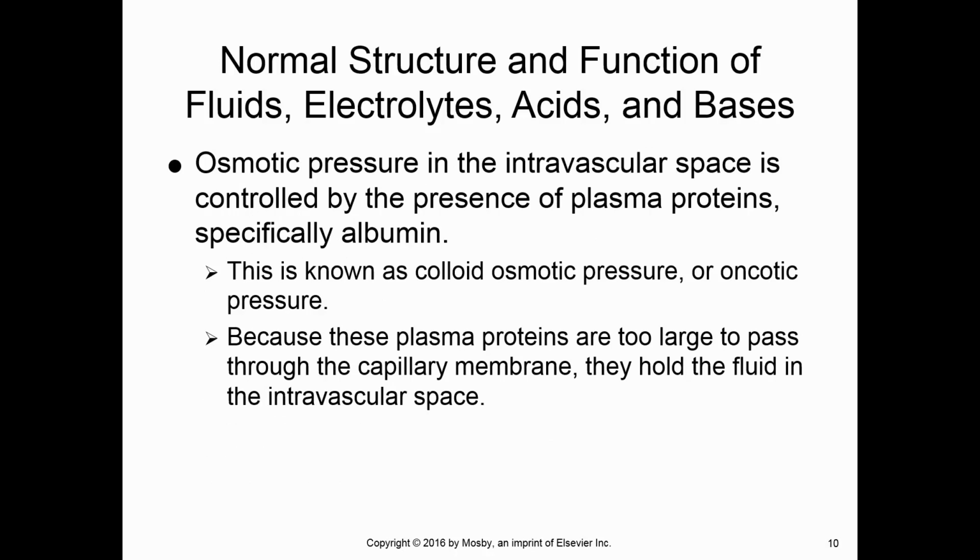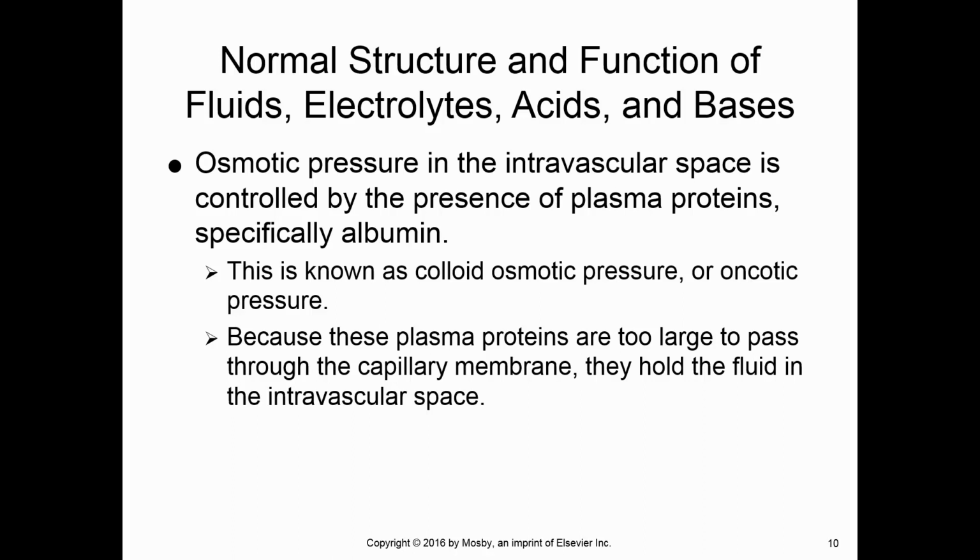Now, in the intravascular space, to maintain osmotic pressure there, we have plasma proteins, mainly albumin, that holds the pressure stable in the vasculature, and it holds water in the plasma or in the vasculature. Okay, so the presence of these proteins creates what is called a colloid osmotic pressure or an oncotic pressure.